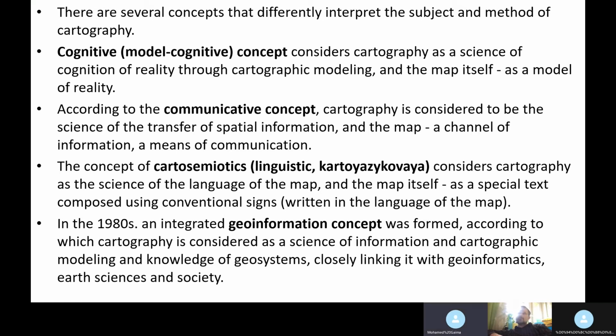Another point of view is the communicative concept. And here we should say about communication. Cartography is considered to be the science of the transfer of spatial information, and the map a channel of information and of communication.